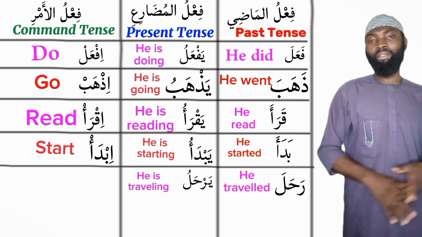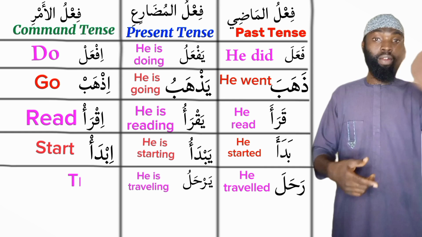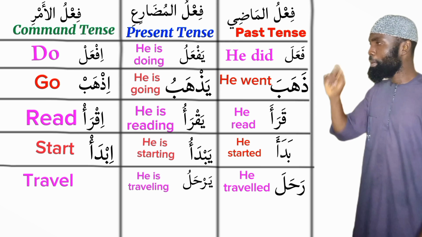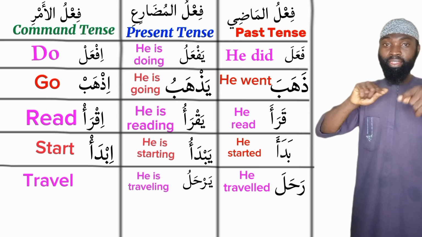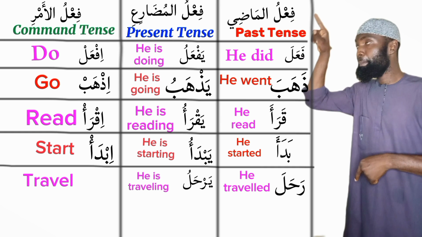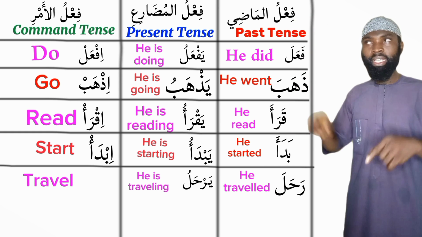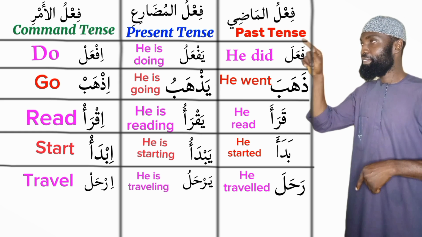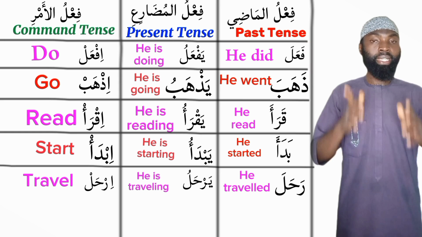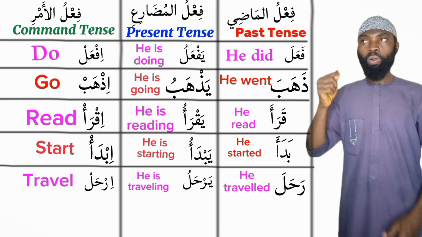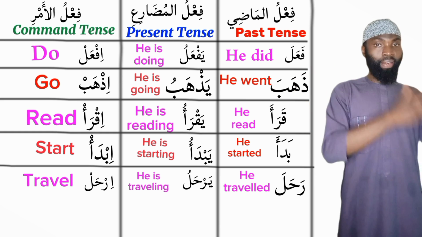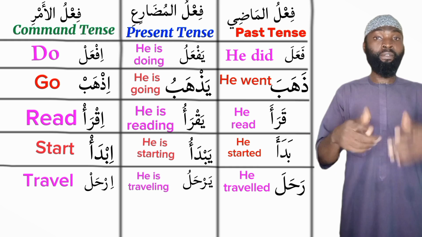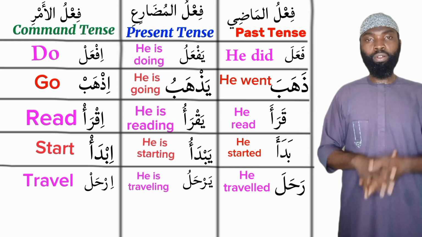Then how do you command someone to travel? Embark on a journey, travel. Simple, just make sure you are forming the word yarhalu into the pattern if'al, which gives irhal. So irhal is travel. Again, rahala, he traveled. Yarhalu, he is traveling. And we have irhal, travel.